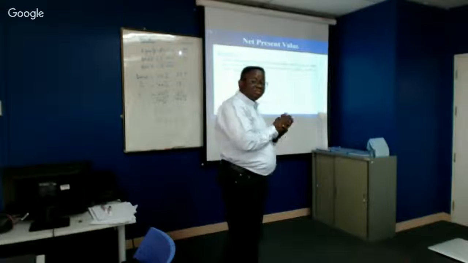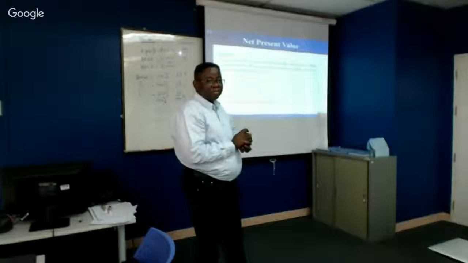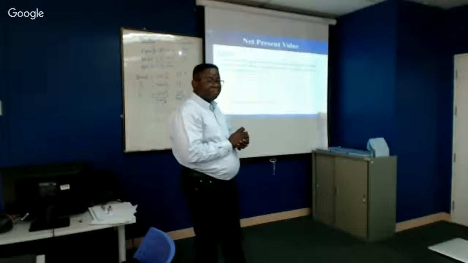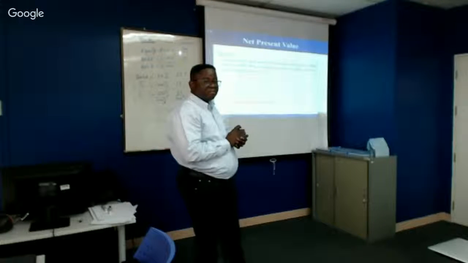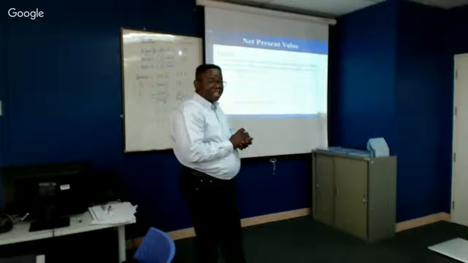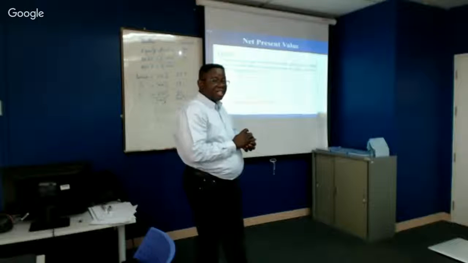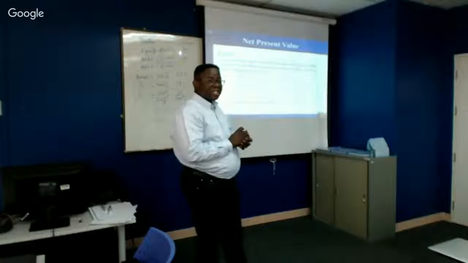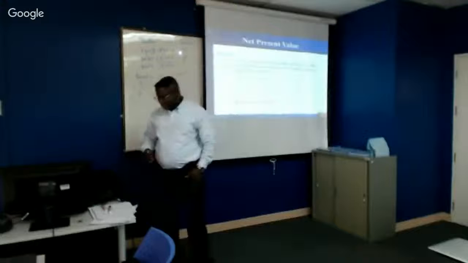Plus 10%, so it should be 5, because he got 60. He got more than what he expected. He invests 50, so in 1 year he's supposed to get 10% return. So it's supposed to be 55. But instead of 55 he got 60. So 60 minus 55 is 5. Okay. Good.